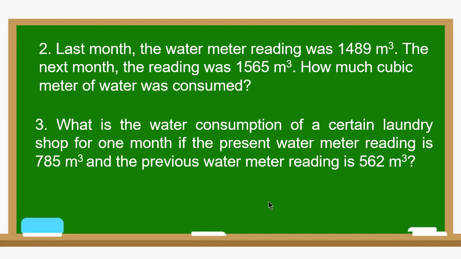Number 3. What is the water consumption of a certain laundry shop for 1 month if the present water meter reading is 785 meter cube and the previous water meter reading is 562 meter cube?